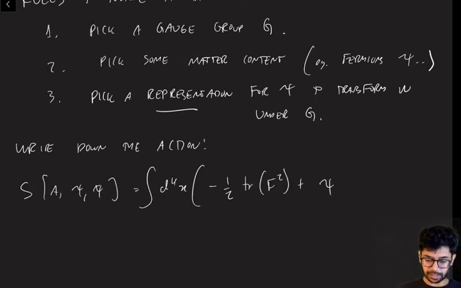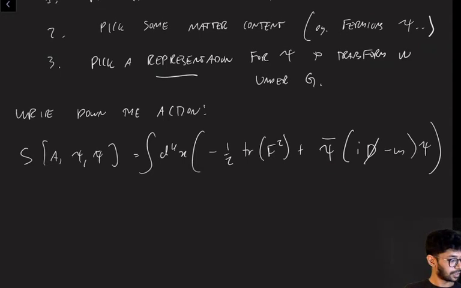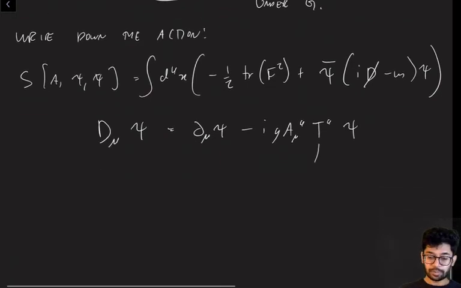And then there's a term like ψ bar (i D slash minus m) ψ, where this D slash now is the non-abelian gauge covariant derivative, and it is D_μ ψ, which is ∂_μ ψ minus i g A^a_μ T^a ψ. And here you pick the T^a matrices depending on which representation ψ is in.